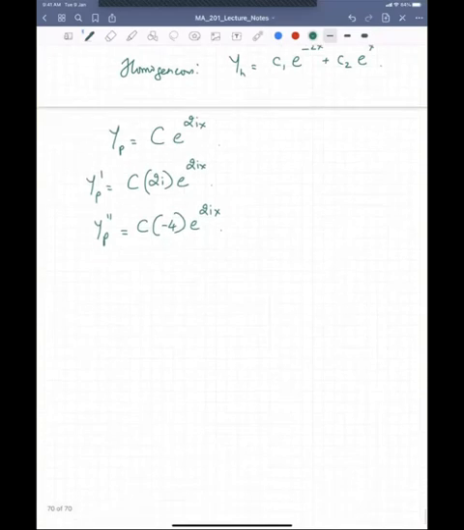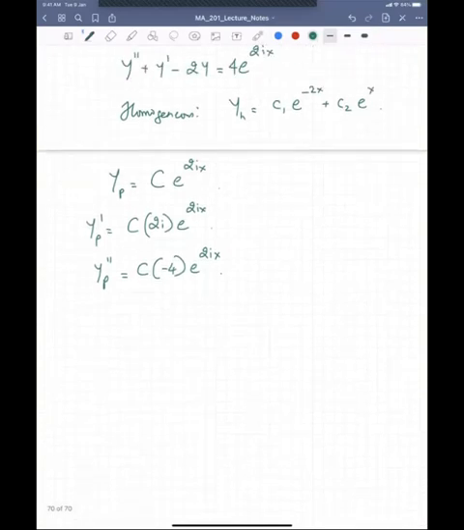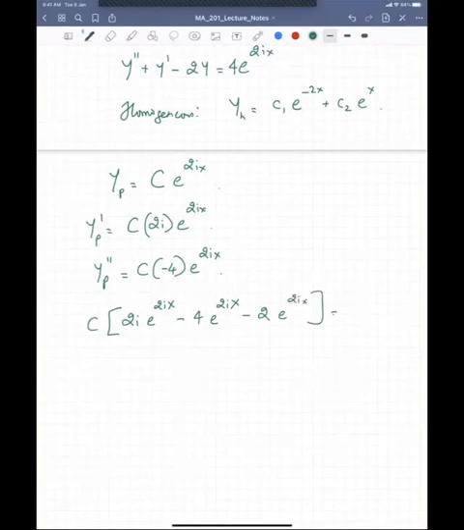Substitute everything back, and then you will get c times 2i e to the 2ix minus 4 e to the 2ix minus 2 e to the 2ix equals 4 e to the 2ix.